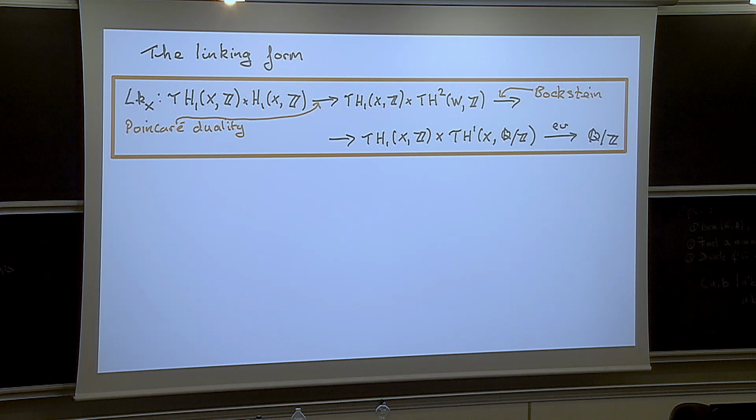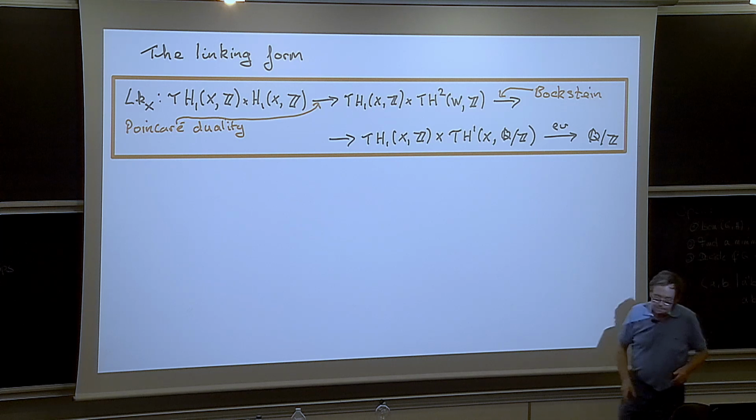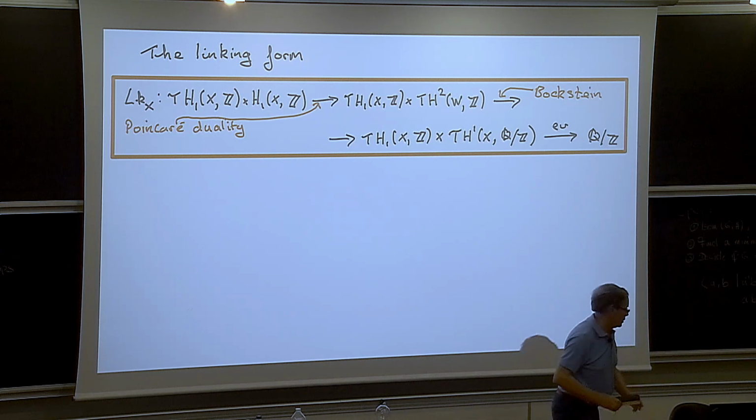In the examples that I would talk about, the first homology would be finite. So it inputs two elements in the first homology, and it outputs a number in the rationals modulo the integers. That's what it is. And how do you construct it? You have different numbers of t in there.